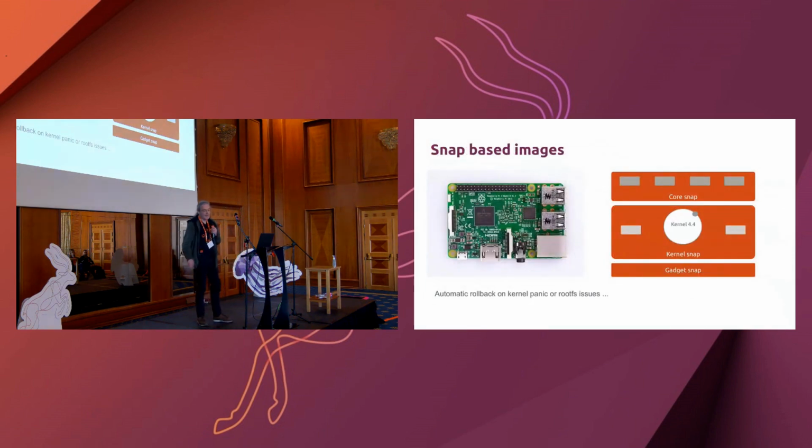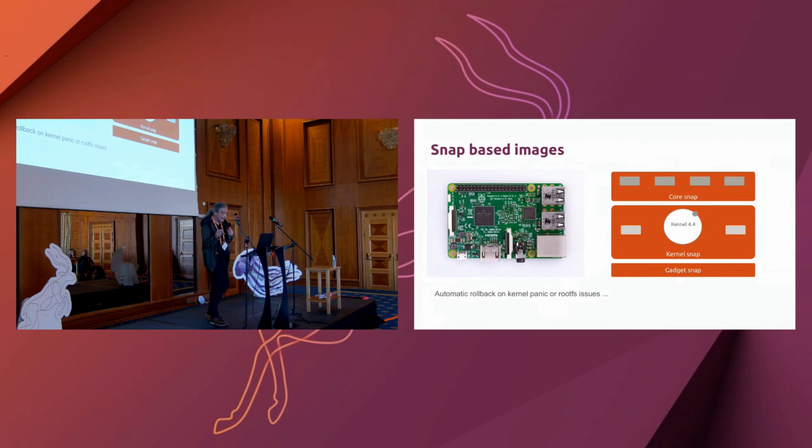So this is how an Ubuntu Core system actually looks like. You have your gadget snap that defines the lower level, like bootloader and partitioning and so on. Then you have your 4.4 kernel sitting on top. Sorry for that kernel number, I didn't really recognize it was there. And on top of that, you have the core snap that I just explained to you is your root file system for running your snaps on the desktop.